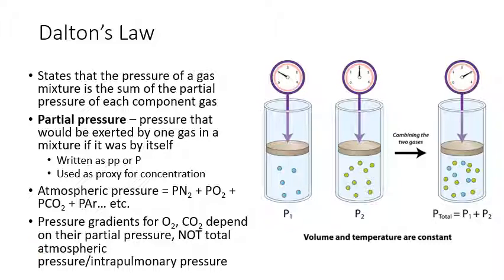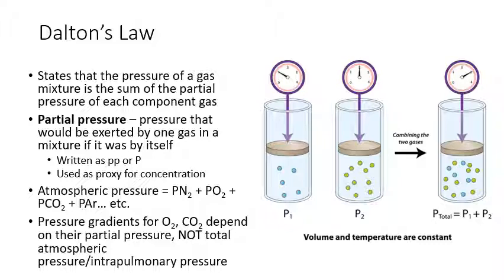The partial pressure is really important because when you're talking about a pressure gradient for a gas, and the gas is going to move down its pressure gradient from one place to another, it's not the overall pressure gradient that counts actually. It's the partial pressure gradient for that gas specifically.